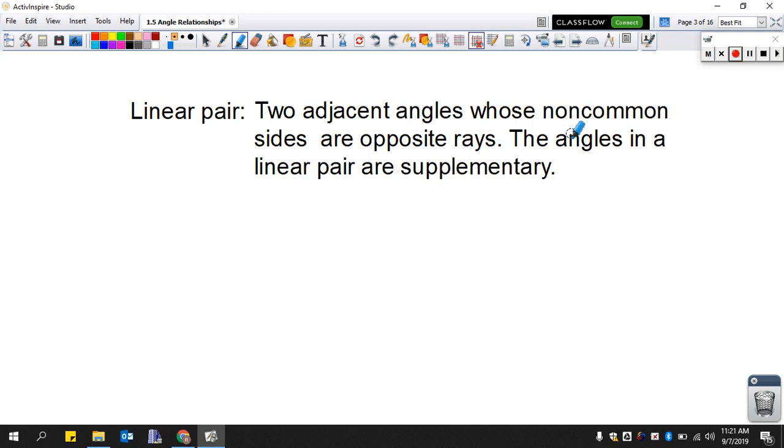So a linear pair are two adjacent angles whose non-common sides are opposite rays. And just as a side note, the angles in a linear pair are supplementary. We'll talk a little bit later about what it means for angles to be supplementary. You may already know, but we're going to discuss that a little bit later.